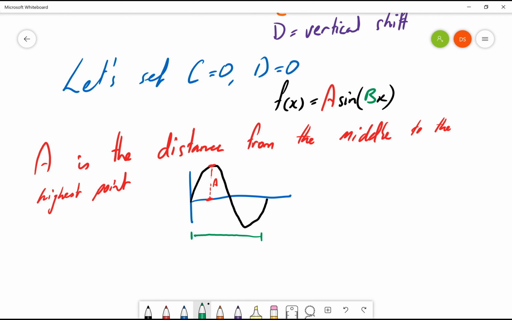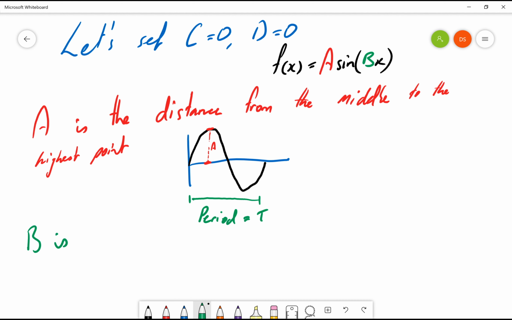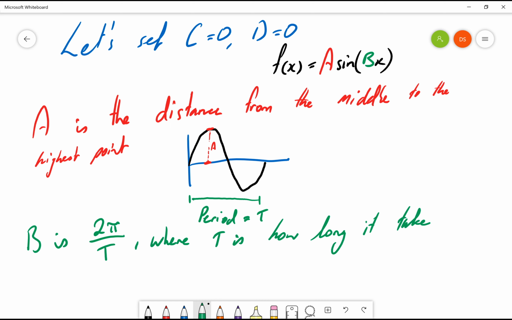And so that distance there we call the period, and use the letter T. And so B is 2 pi over T, where T is how long it takes to complete one revolution.